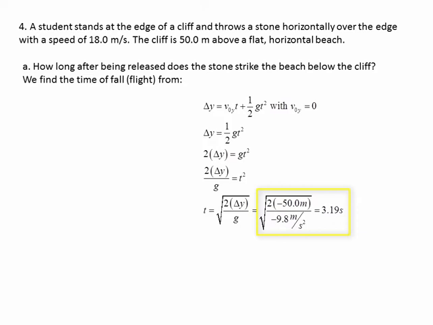This is convenient. The negative signs cancel out, and when we multiply the terms together, 100 meters divided by 9.8 meters per second squared, take the square root of that, we end up with a time of flight now of 3.19 seconds.